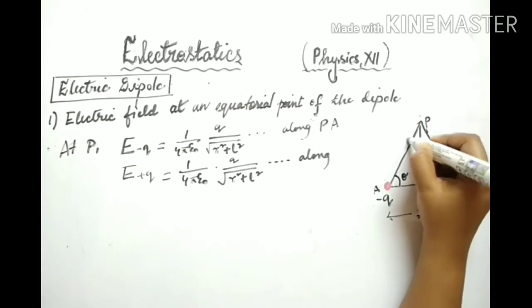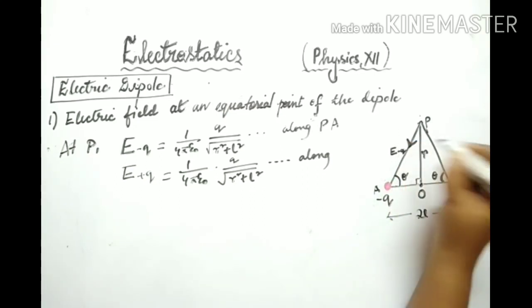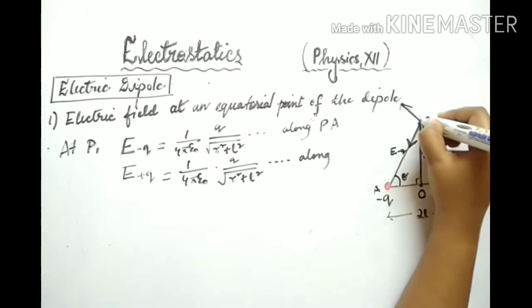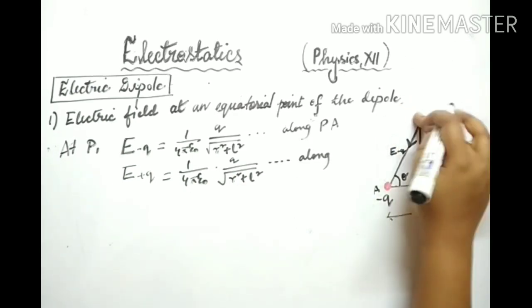Sorry, we have not drawn the electric field here. So electric field E minus Q is in this direction, and if a plus 1 charge is here, it will be repelled along this direction.